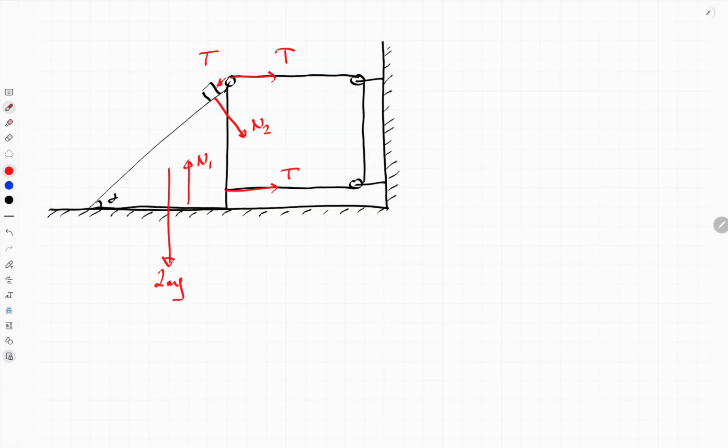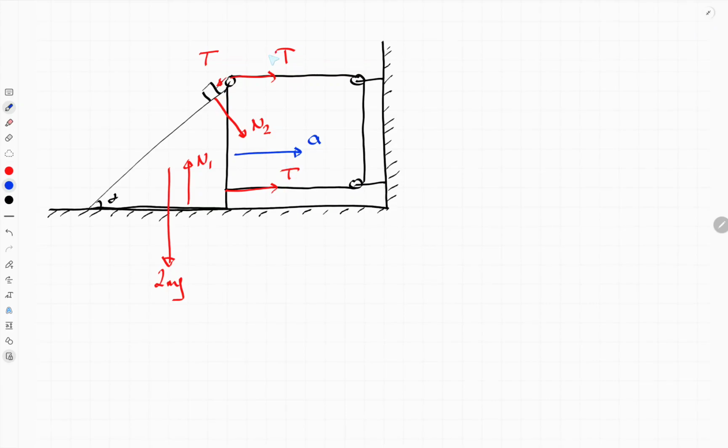We showed all forces acting on the inclined plane, and we know that this inclined plane can move only to the right, and let's call its acceleration A. We know that this inclined plane is moving to the right, so let's consider all forces acting on this object in horizontal directions.